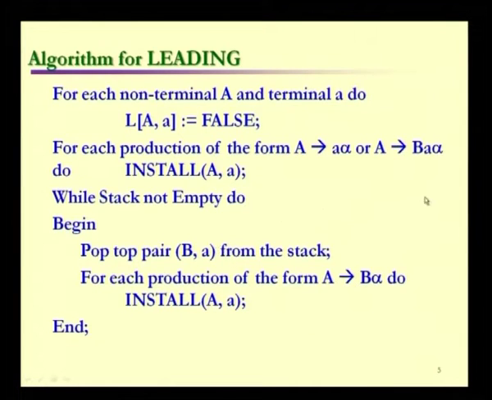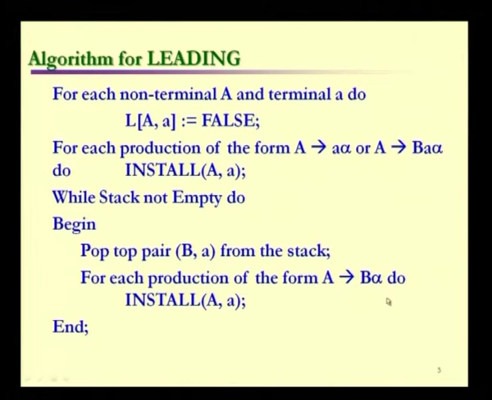So, that is what we go for, a continuation of a loop operation. We will put that entry, A comma A, into the stack data structure, and from the stack we will pop the top. For example, suppose we find that the top pair is B comma A, then we will be looking for all productions where B is the first variable available on the right hand side. So, A derives B alpha.